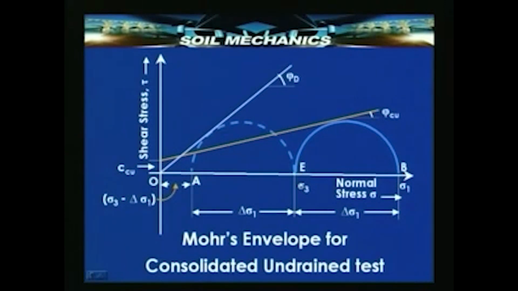Here for convenience, I have only shown one such Mohr circle. If this were the common tangent to 3 such tests, this would have passed through the y axis at a point giving an intercept equal to Cu, where Cu stands for consolidated undrained. The corresponding angle of friction would be phi Cu.